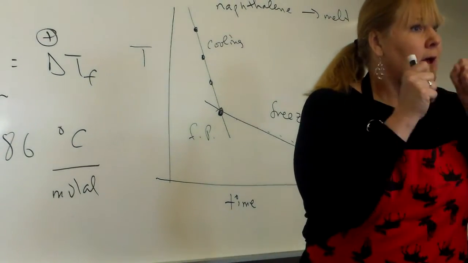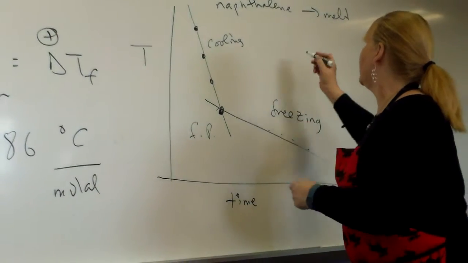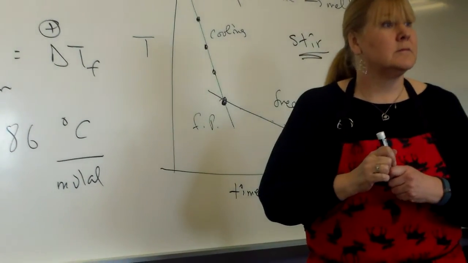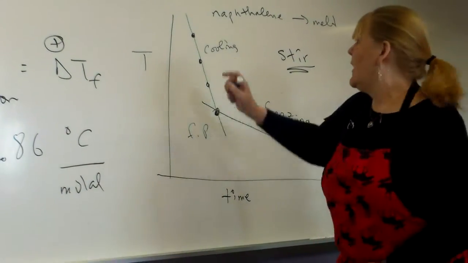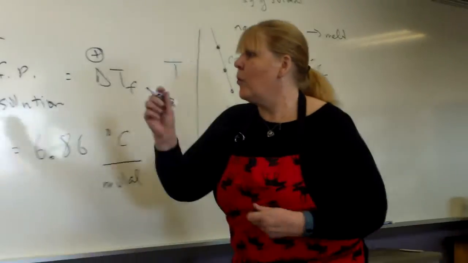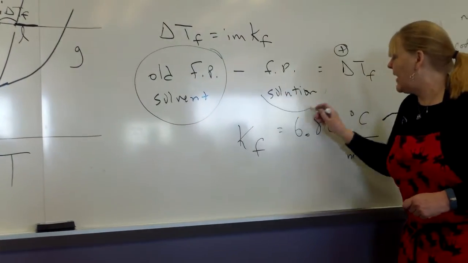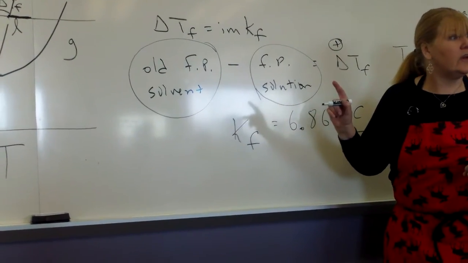You good? Now, to make sure we do this correctly, we have to stir at all times. And we're going to do this in 2 steps: 1, we have to find the freezing point of the solvent, and 2, we have to find the freezing point of the solution.